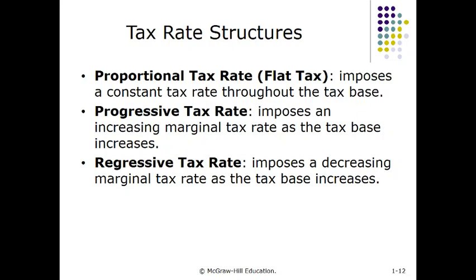If you make more than $18,650 but less than $75,900, well, on the first $18,650 you're still taxed at 10%, right? $1,865, and then anything over $18,650 you're taxed at 15%, and on and on and on.